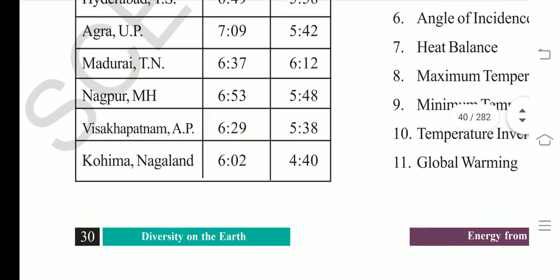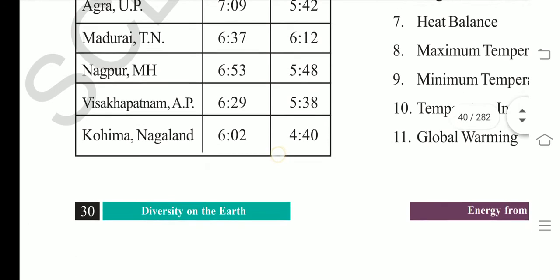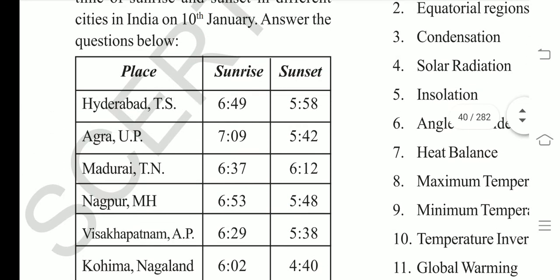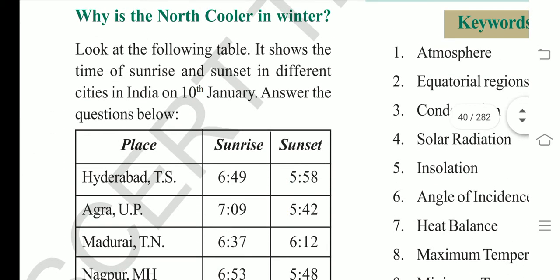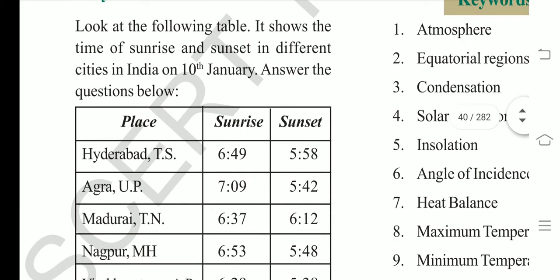Then moving further to the north. Why is the north cooler in winter? Right here it is. Look at the following table. It shows the time of sunrise and sunset in different cities in India on 10th January.